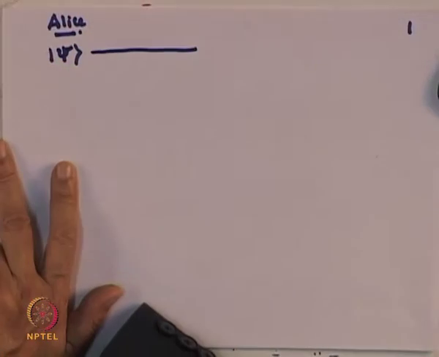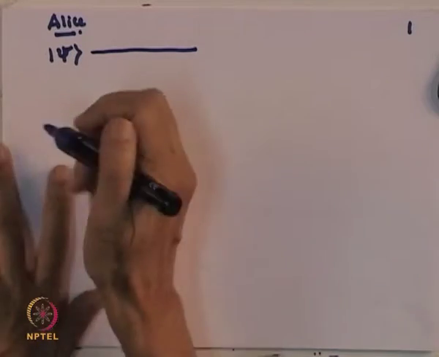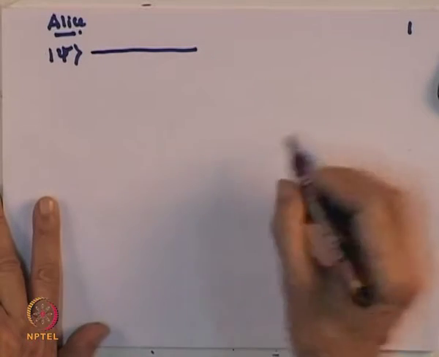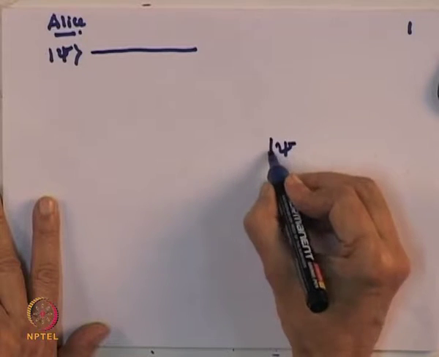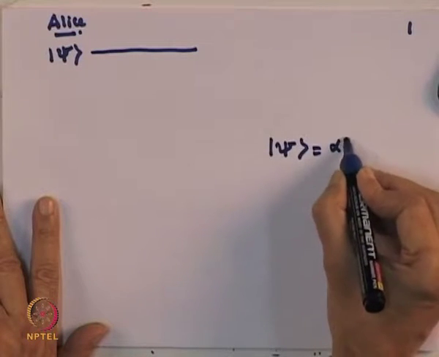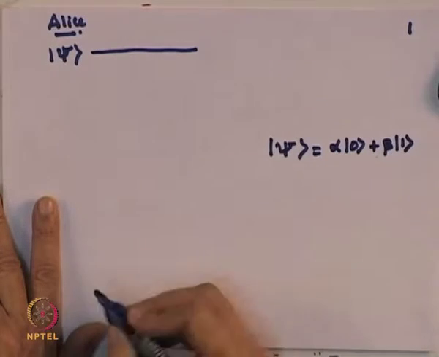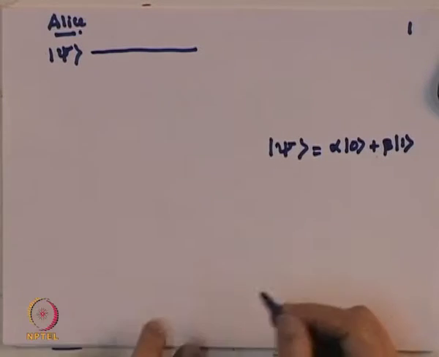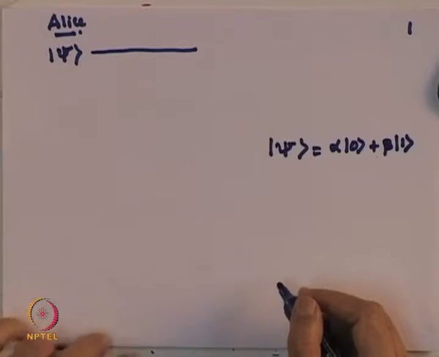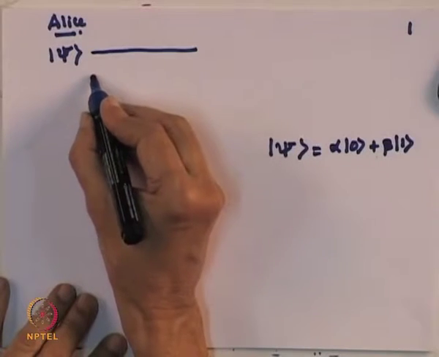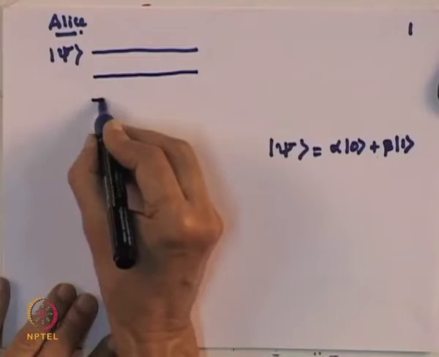This is some state psi, which, in my example, I will use as some alpha 0 plus beta 1. So, let me write it here. The state psi is alpha 0 plus beta 1, properly normalized so that mod alpha squared plus mod beta squared equals 1. What Alice does is to introduce two ancillas.